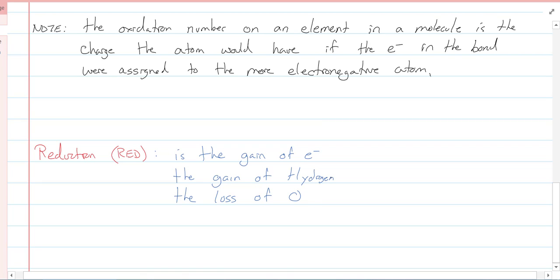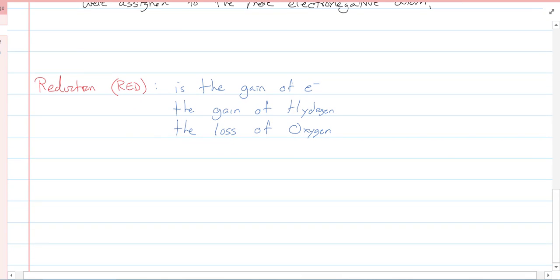So usually if I gain hydrogen, I'm going to be reduced, and if I lose oxygen, I will be reduced. Reduction, right, we write it as something plus electrons going. Okay, electrons on the left-hand side of the arrow.